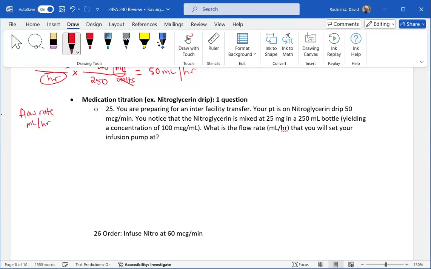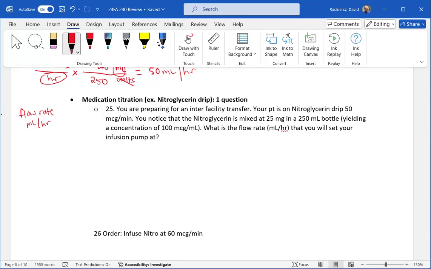Sometimes they'll say calculate the drip rate, and they're talking about the same thing, still milliliters per hour. Heparin drip rate is still milliliters per hour; it's just a low number, maybe 10 milliliters an hour, slowly dripping out, which is why it's called the drip rate.